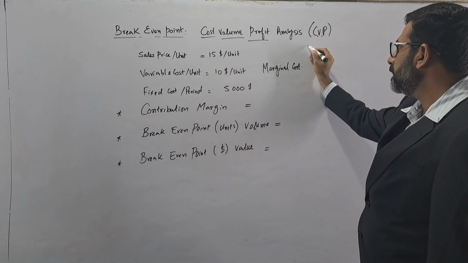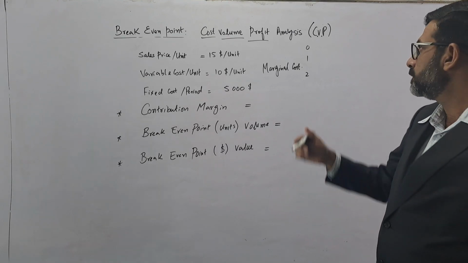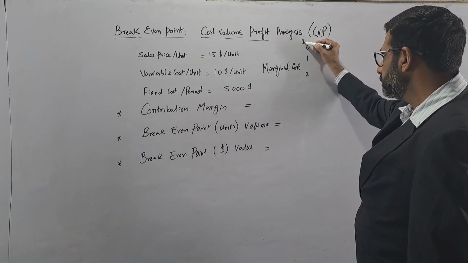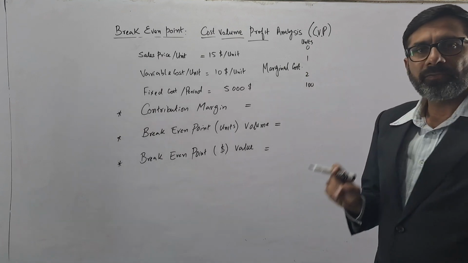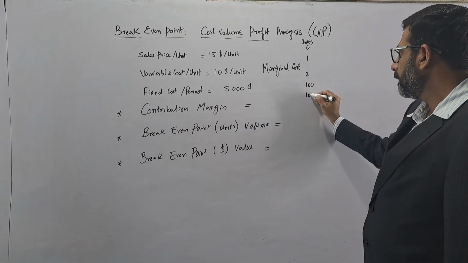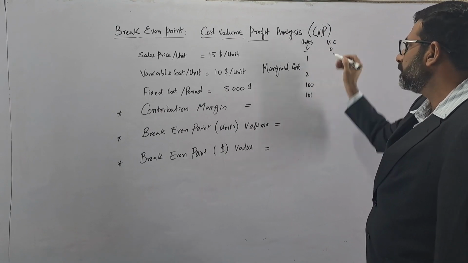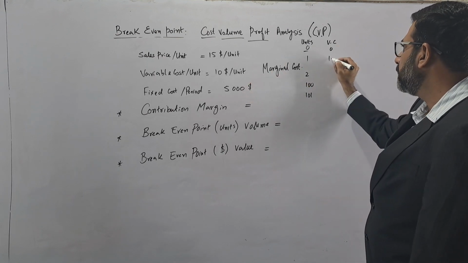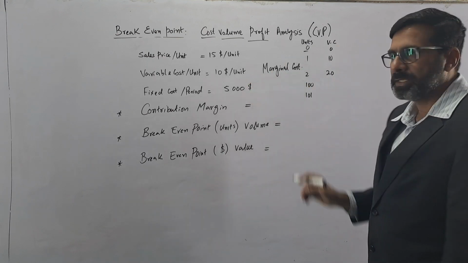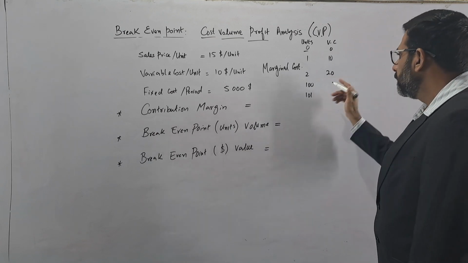If they are producing 0 units, 1 unit, 2 units, or let's say 100. If there is no production, the variable cost will obviously be 0. If they produce 1 unit, it will be $10. If they produce 20 units, it will be $200.